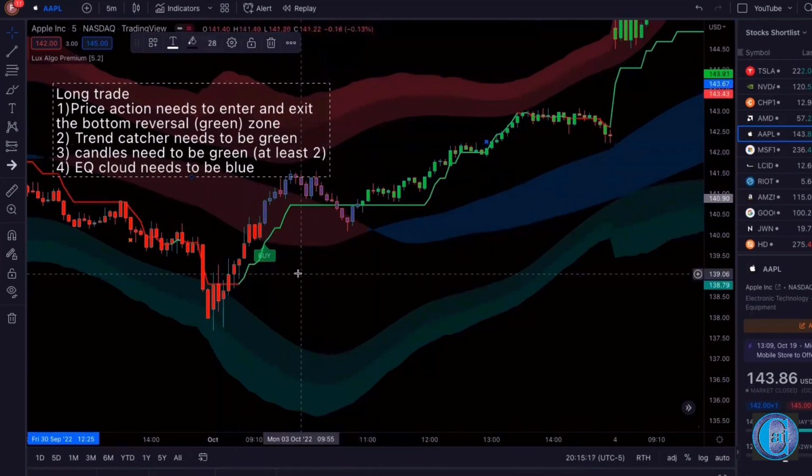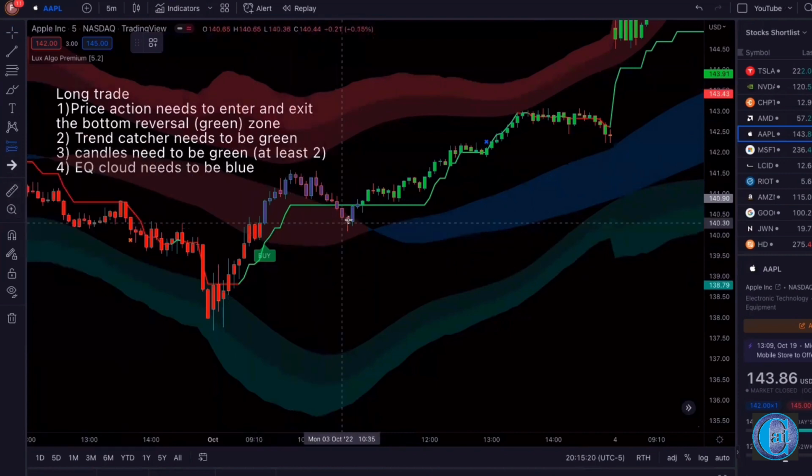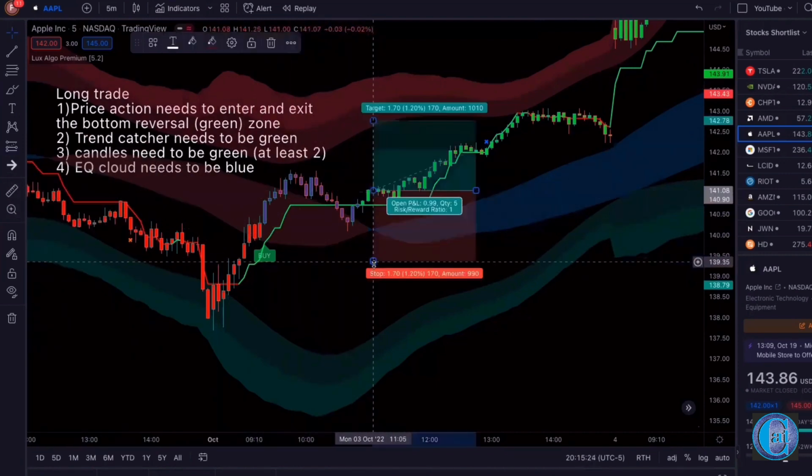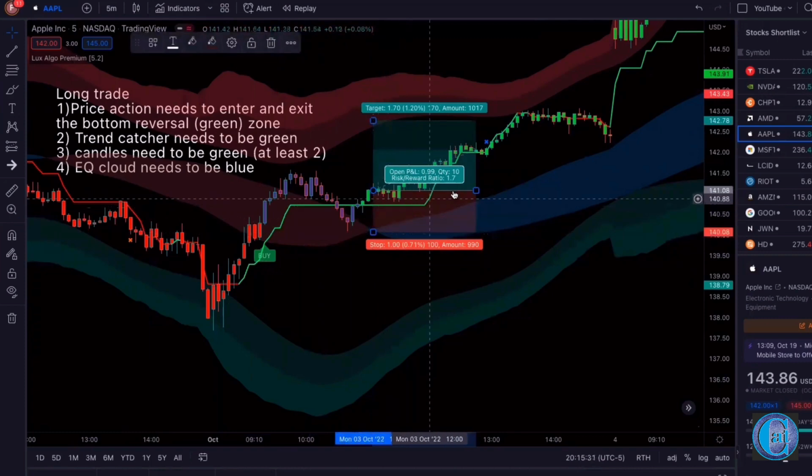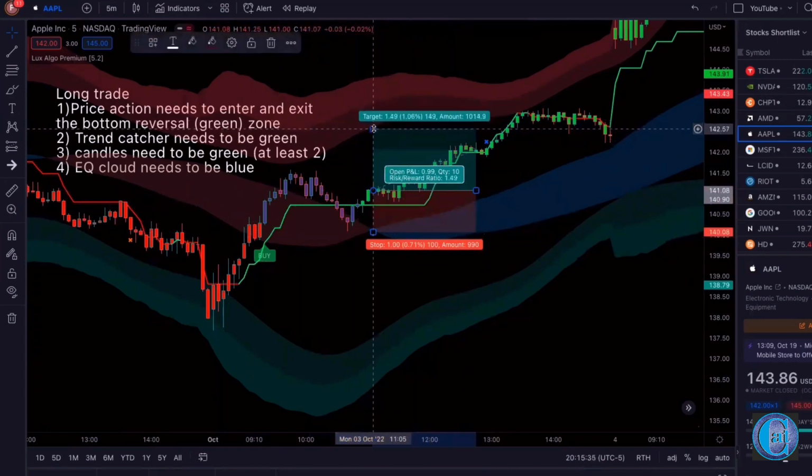And now this is where it gets interesting. So for instance, we get in on this candle. For the stop loss, we're going to make it the recent swing low. And we're not going to do the standard, usually in my videos, I'm like, hey, 1 to 1.5 risk to reward ratio, right?